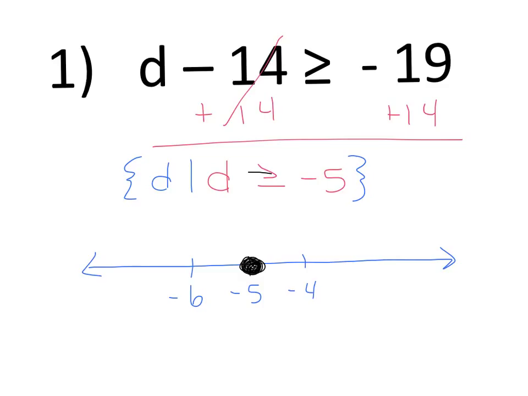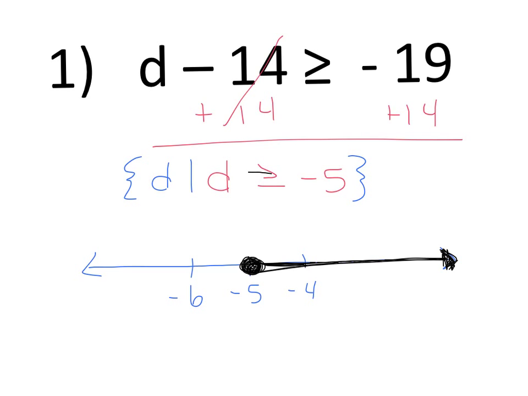It tells you which way to point, which way to shade your line. So we're going to shade this way and fill kind of everything in here the best we can. It's not the most prettiest, but you get the idea. All right, so again, kind of make an arrow here, and that tells you which way to shade. Okay, now when we are writing set builder notation, just keep in mind the variable is going to have to be out front. It also needs to be out front to graph.